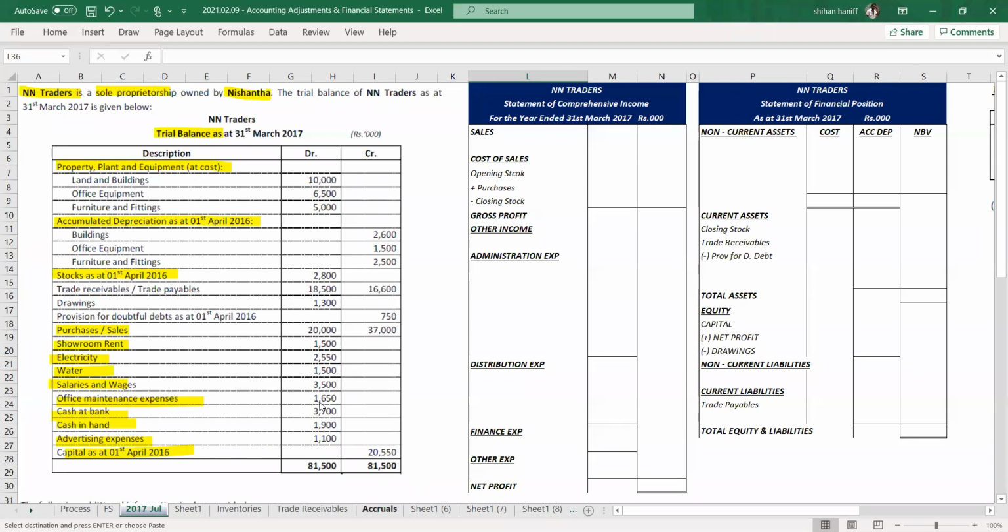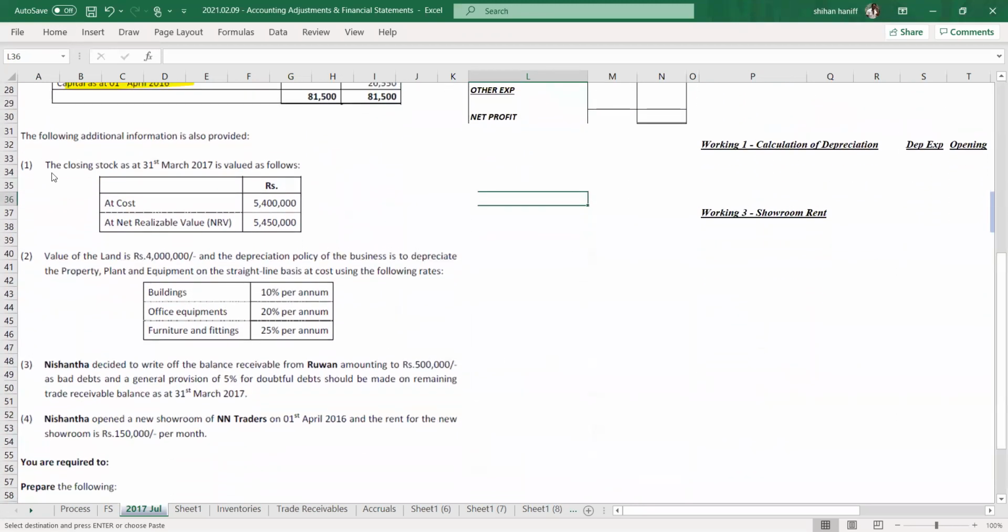Right? Then there are adjustments. The closing stock adjustment, then the depreciation adjustment. The closing stock is related to inventory. The depreciation adjustment is related to PPE. Then write-off balance receivable means this is bad debt. And provision for doubtful debt, 5%.